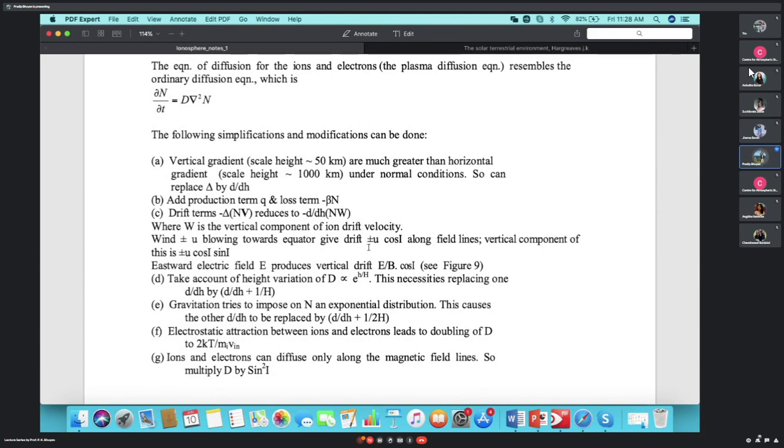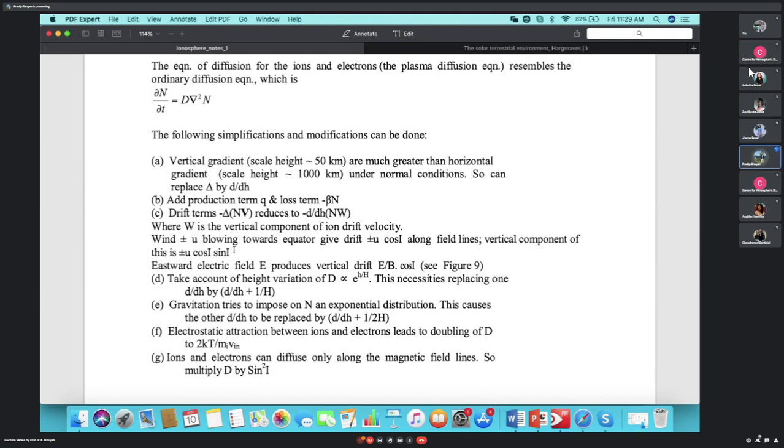Okay, so you can have this drift. The vertical component of the drift towards the equator is u cos I, and if it is towards the other side, the vertical component will be u cos I sin I.